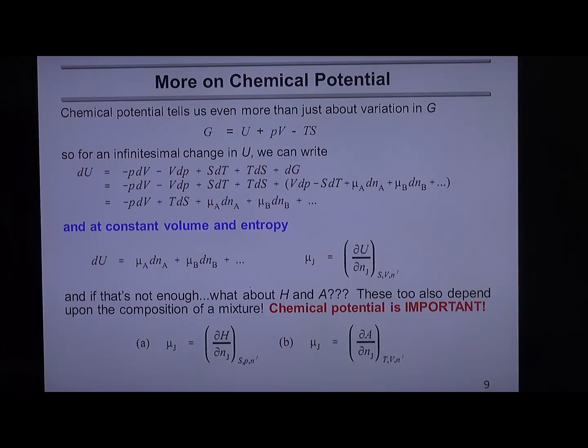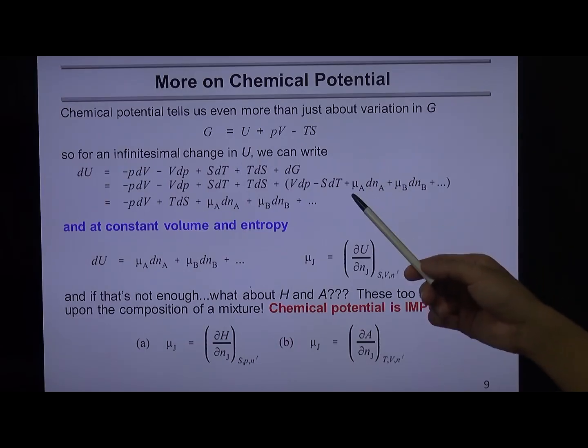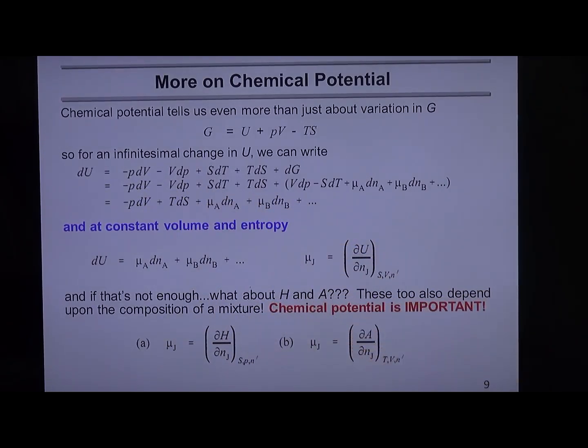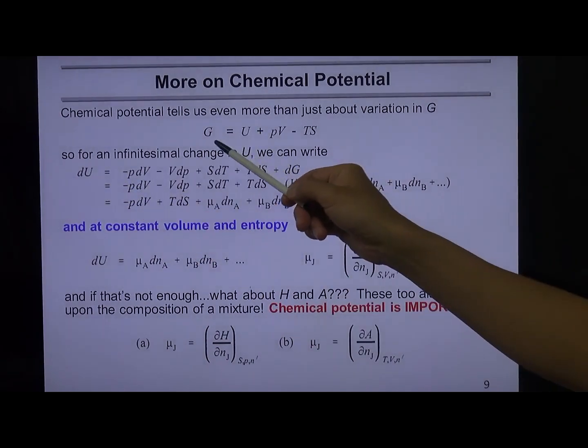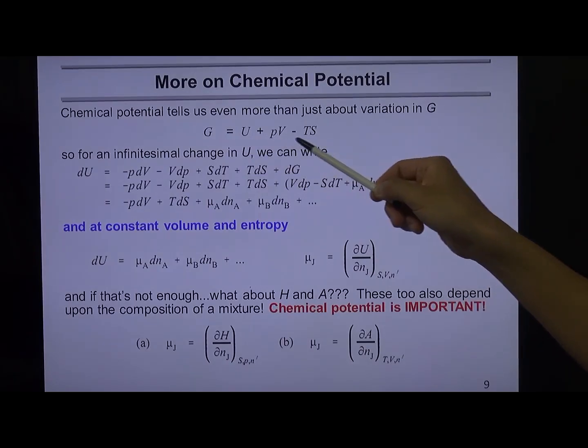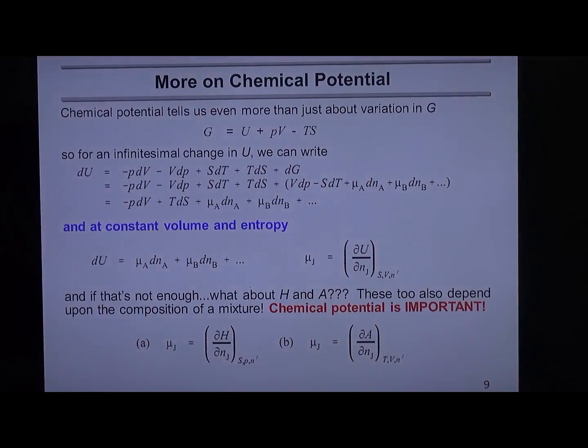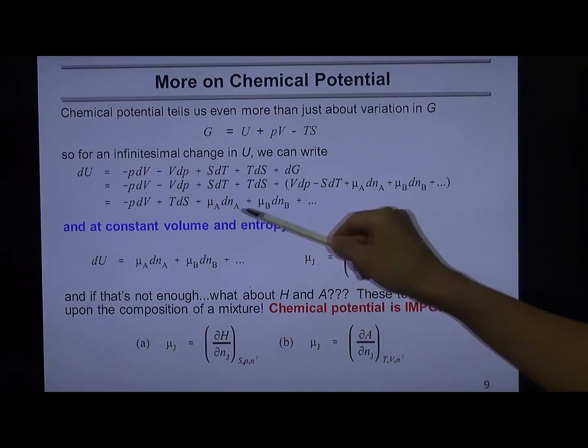And by using the definition of internal energy, enthalpy, Helmholtz energy, etc., we can also get the fundamental equation for each of them, the U, the H, or the A. For example, for the U, since Gibbs energy is defined as U plus PV minus TS, we can rearrange it as dU, and you get this: dU is equal to minus PdV plus TdS plus so on.